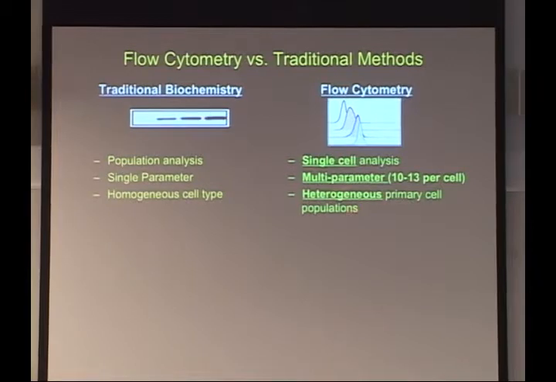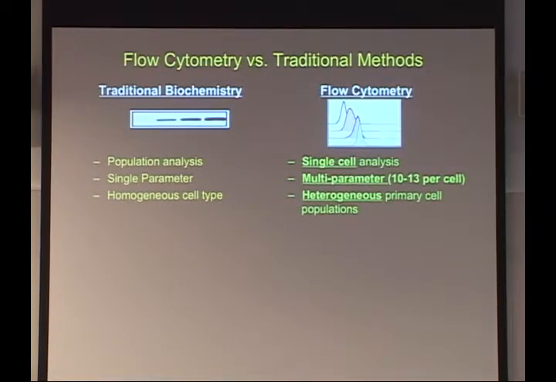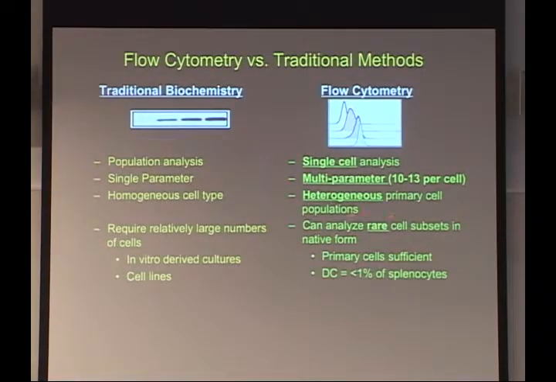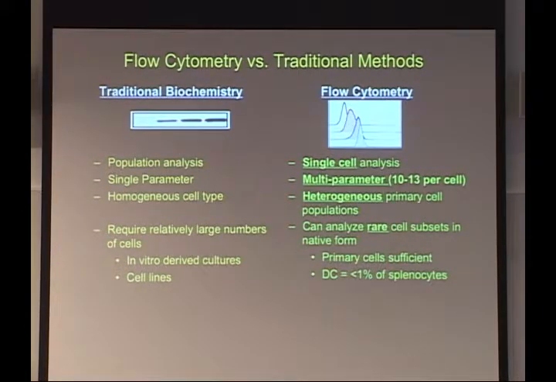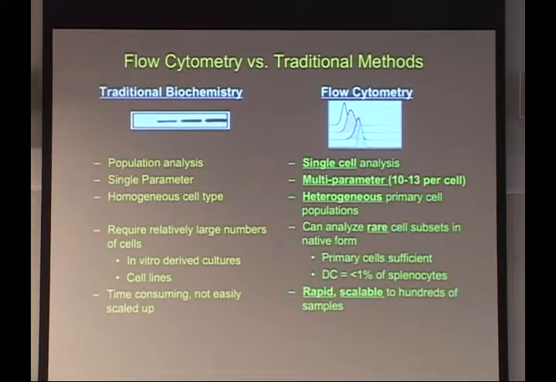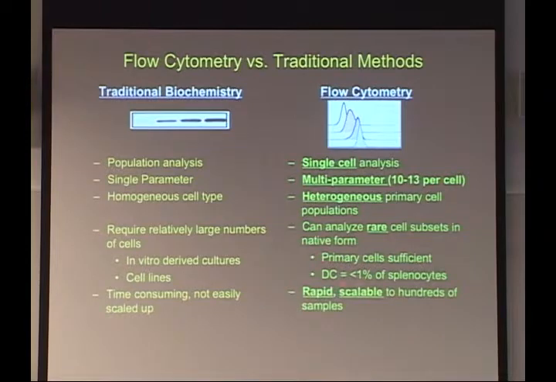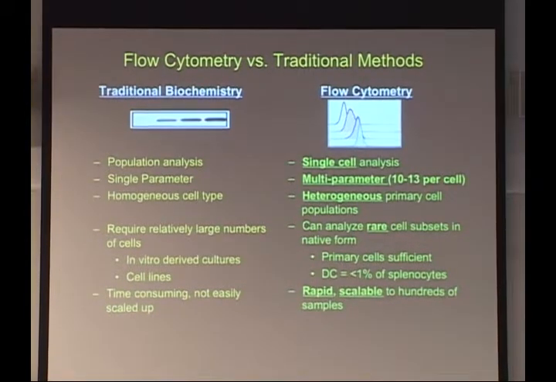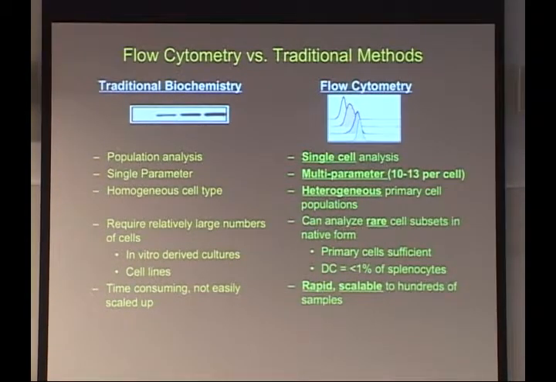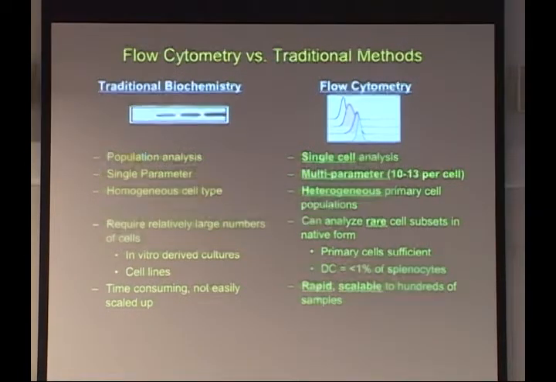In flow, you can look at heterogeneous primary cell populations, and you can analyze really rare cell subsets, like dendritic cells that might only be, let's say, 1% of the total population in your sample. And on the scale of things, it's quite rapid and scalable to hundreds or maybe even thousands of samples, whereas you really don't want to be doing that many with a Western blot.